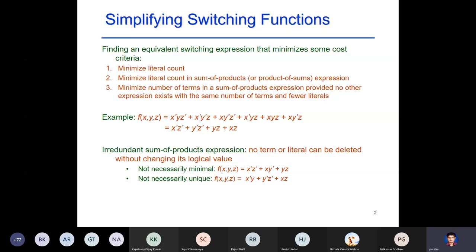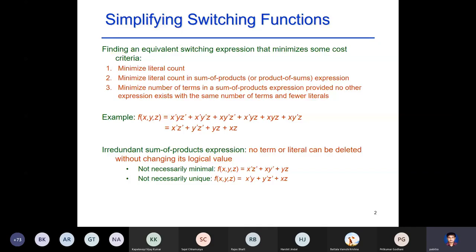That means for the set of all equivalent expressions, the canonical representation will be identical. If they are equivalent, they will reduce to the same canonical form. Okay, so this is one notion.